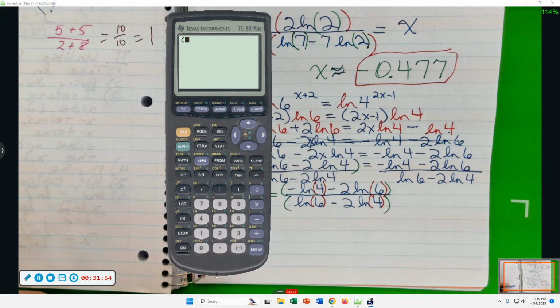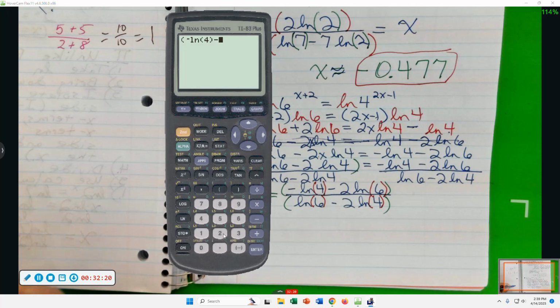But in this case, the negative key is what you want. Notice it's a negative, and then ln 4, close parenthesis, minus, and notice the negative and the minus keys look different on this calculator. The negative is a little bit smaller and lifted up more, okay?